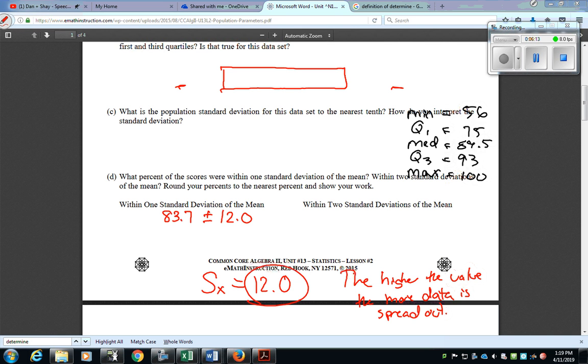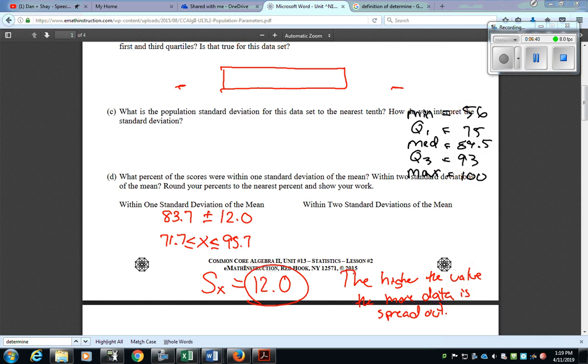So we got to do a plus value and a minus value. And in the case of the numbers above, we'll pull those back up in a second. But if we add 12.0 to that, you're going to end up with 95.7. And if you subtract 12.0 from that, you're going to end up with 71.7. So the interval for this would be all the numbers between 71.7 and 95.7.